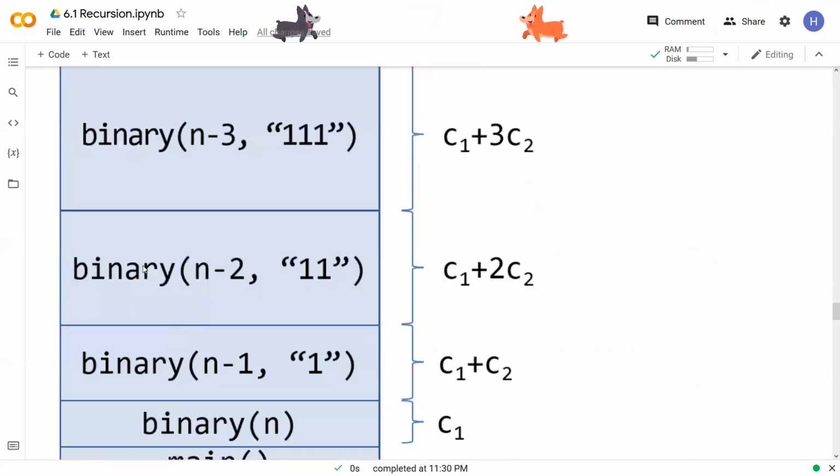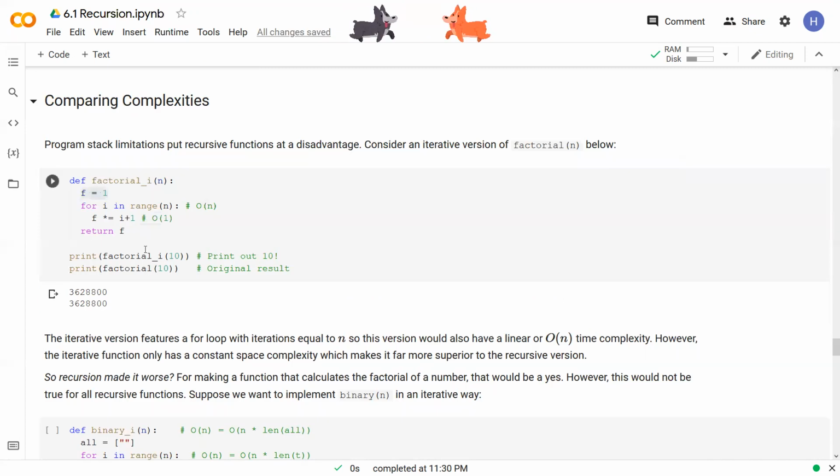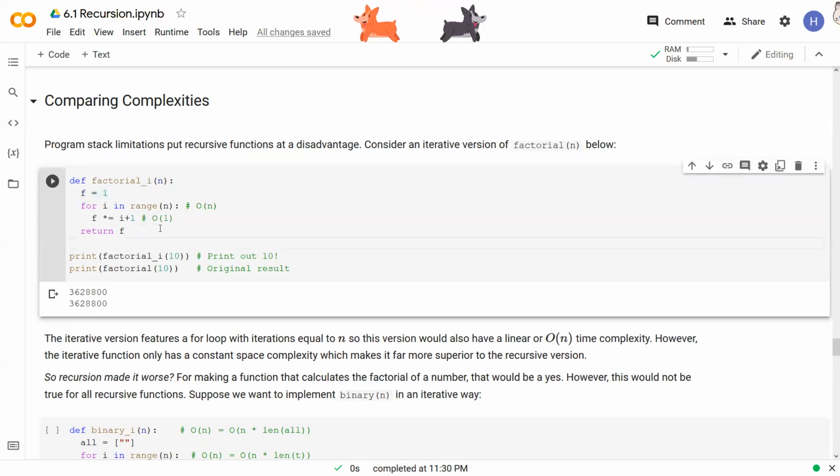So pag pinag-compare natin yung iterative at saka yung recursive na factorial function, actually, in general, mas magandang gamitin yung iterative version na lang kasi hindi siya gumagamit ng extra space. So, in other words, recursion actually made it worse.